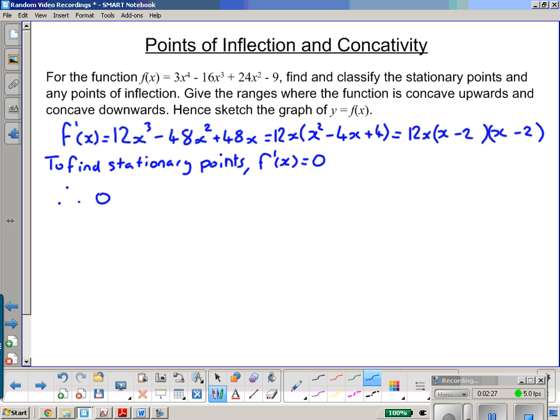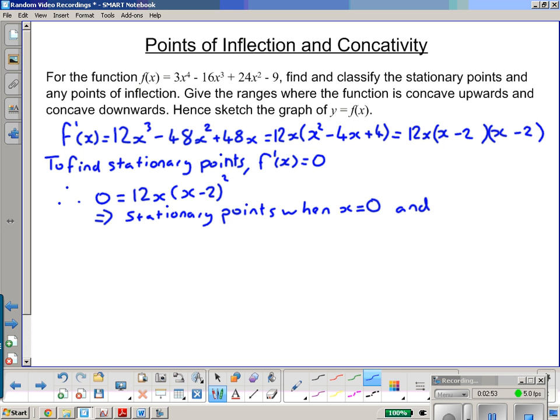We get 0 is equal to 12x times x minus 2 all squared. And that tells us that we have two stationary points, when x equals 0 and when x equals 2. Two stationary points there. That's the x coordinates.